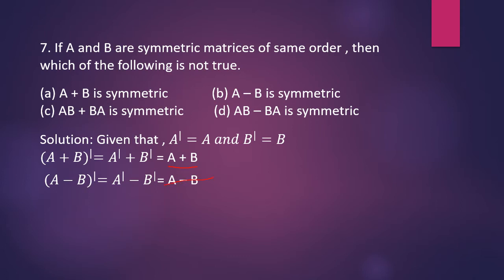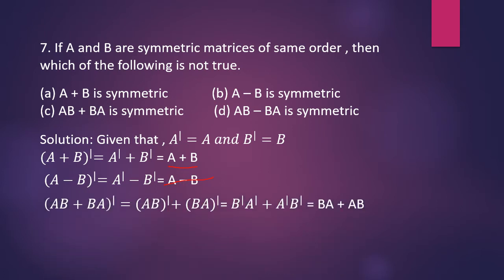Next, option C. AB plus BA whole dash. So using the property, AB whole dash plus BA whole dash. But there is one more property, that is A into B whole dash is nothing but B dash into A dash.